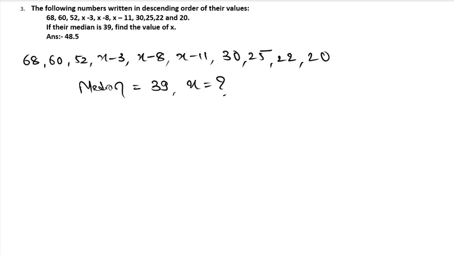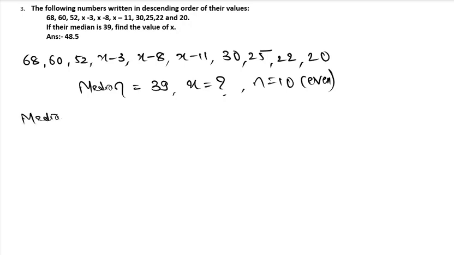Right? Now, first, they are in descending order, so I don't have to rearrange them or anything. I can directly apply the formula, but for applying the formula, I have to find n, that is total number of observations. Let's see how many observations are there. 1, 2, 3, 4, 5, 6, 7, 8, 9, 10. Right? So n is equal to 10, which is even. Let us apply the formula.